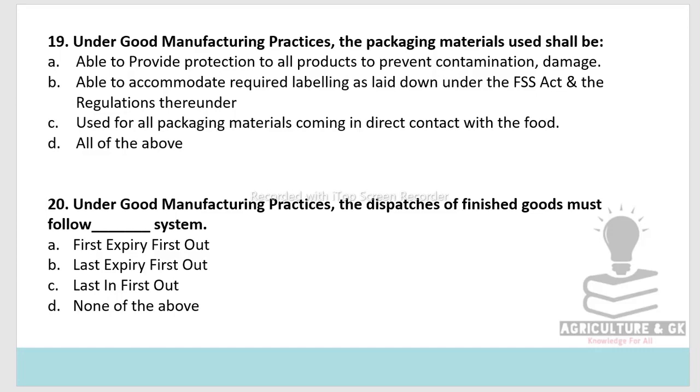So under GMP, the packaging materials which are being used shall be able to provide protection to all the products from contamination or damage, and it should also be able to accommodate the required labeling which is laid down under the FSS Act and regulations, and it shall also be used for all the packaging materials coming in direct contact with the food. So our answer will be option D, all of the above. Option D is the right answer.